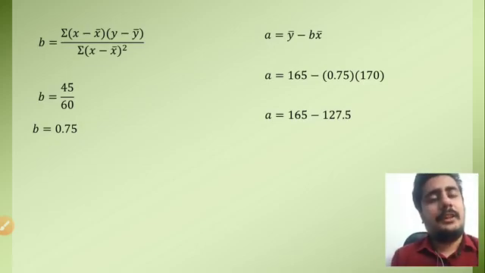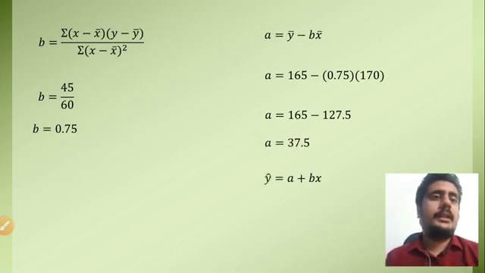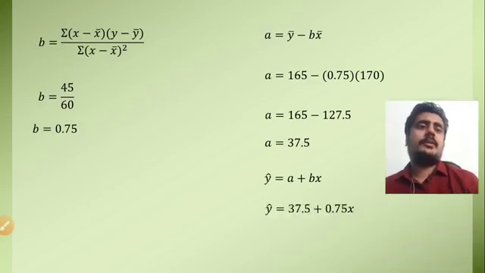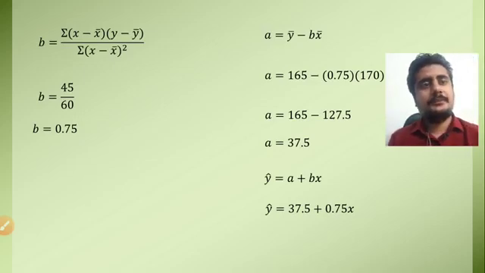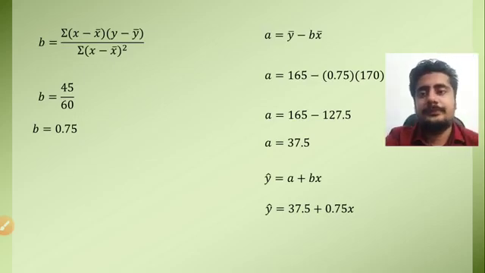So it's 165 minus 127.5, so A is 37.5. Y cap is A plus B into x, so it's 37.5 plus 0.75x. So this was the first question, y cap.